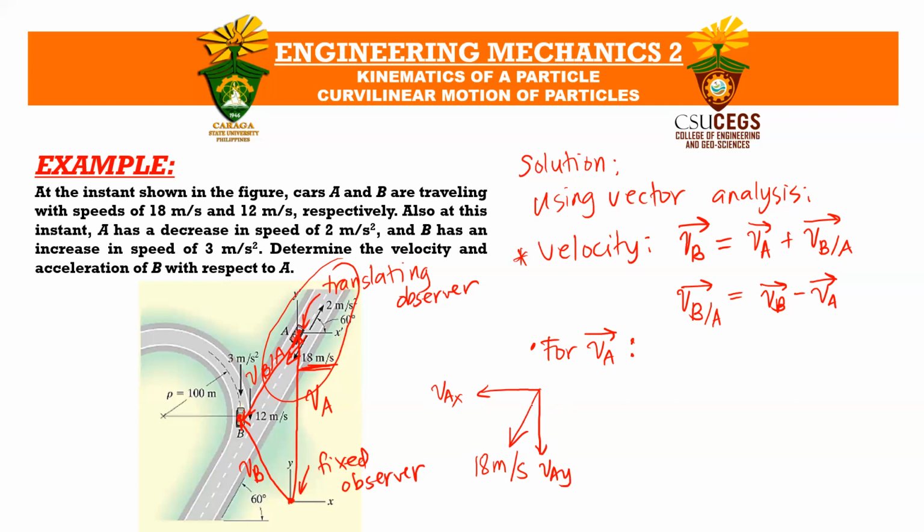And the angle is 60 degrees. This is your 60 degrees. So opposite of that would also be equal to 60 degrees. So from that, the velocity vector form of your v of A would be equal to v of A x i plus v of A y j.